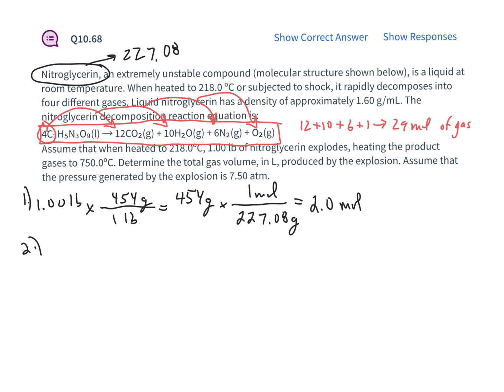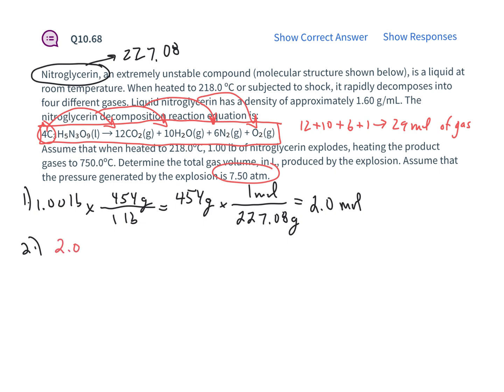And we can use PV equals nRT and the total number of moles, because the total number of moles is also related to the total pressure. So we can combine all of those moles of gas because they're all at the same temperature and pressure. So PV equals nRT applies to the total number of moles.